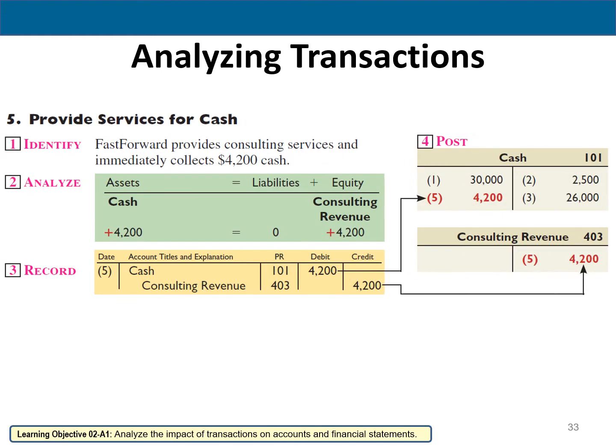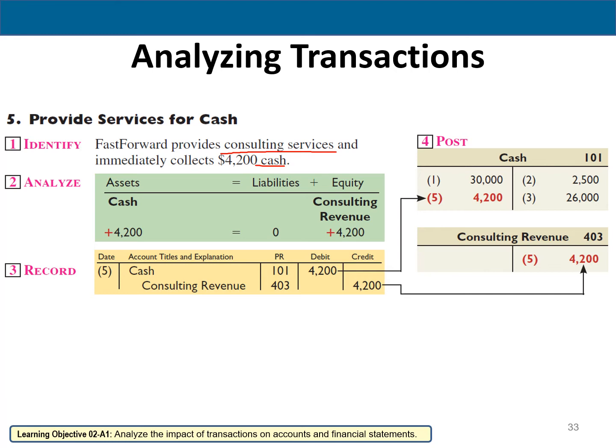All right, so in transaction 5, Fast Forward is providing consulting services, and they're immediately collecting $4,200 cash. So what two accounts are affected? Cash, right? And consulting services. In this case, consulting services is a revenue account. It's services they're providing, right?